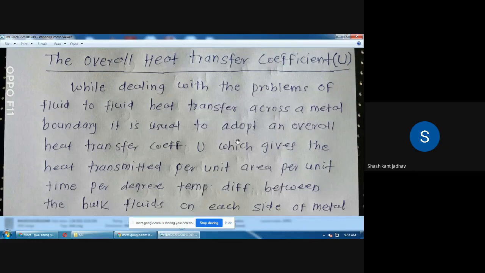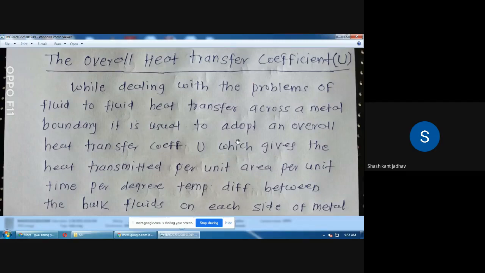Now our aim is to derive the equation for the capital U. If in the system convection and conduction are there, or between two fluids there is one component, the amount of heat flowing we have to calculate using the overall heat transfer coefficient.